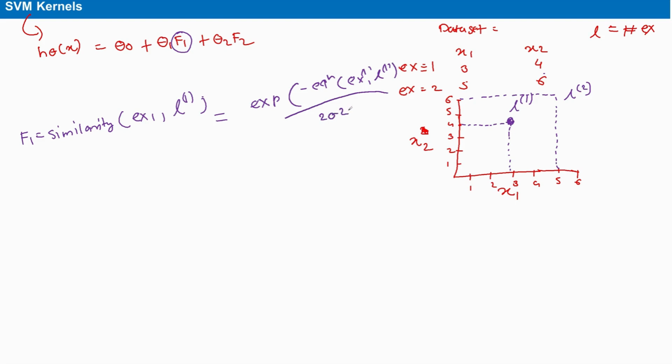With this equation you can get f1, and you will substitute this f1 here.